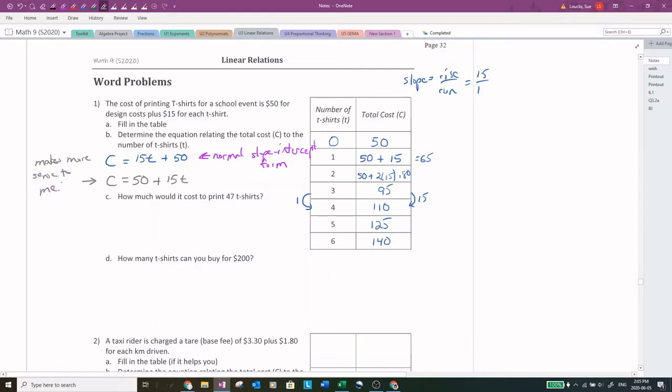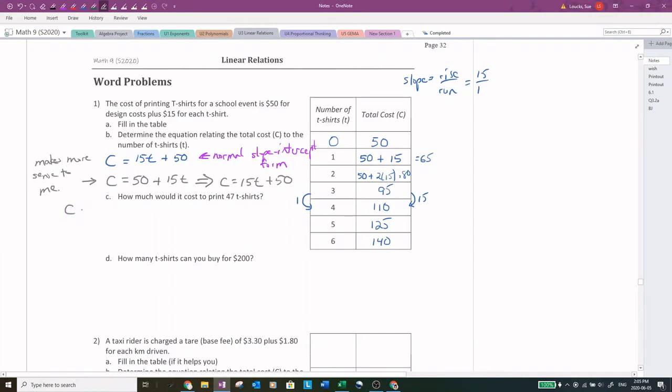So what I would actually do is I would write the equation like this when I'm generating the equation, but then I would actually change it to cost equals 15t plus 50 because that's how we look for the equation and we know where our slope and our intercept are in that equation. And so that's just the way we normally see it, so I'm going to change it to that, but I do find that writing it this way just makes more sense to me if I'm not going to do a table.